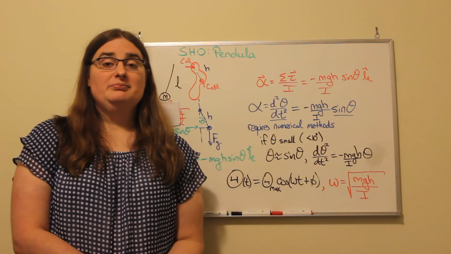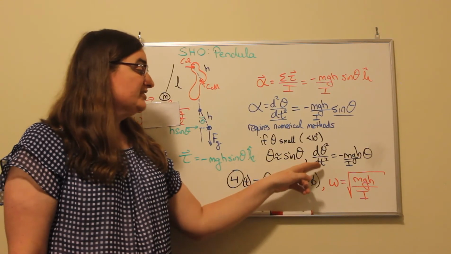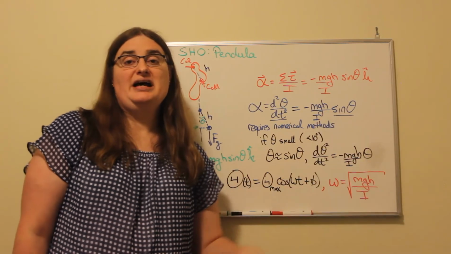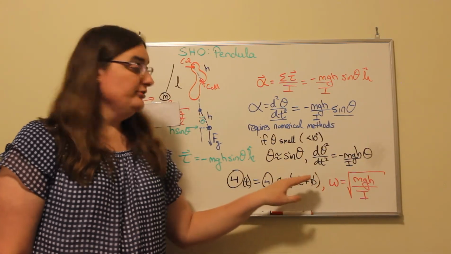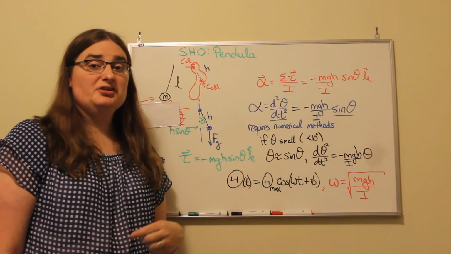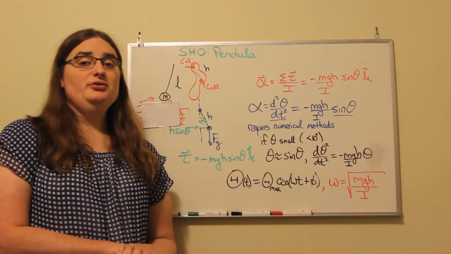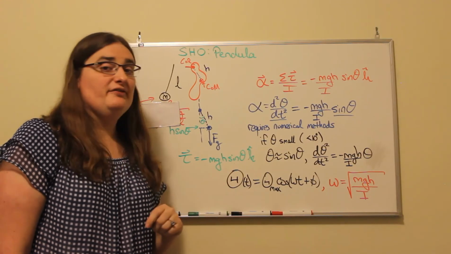Well, that brings us to a regular oscillating equation, where the second derivative of a function is equal to minus the function times some constants. A solution that fits that equation would be a sine or a cosine, so we're going to use a cosine function.